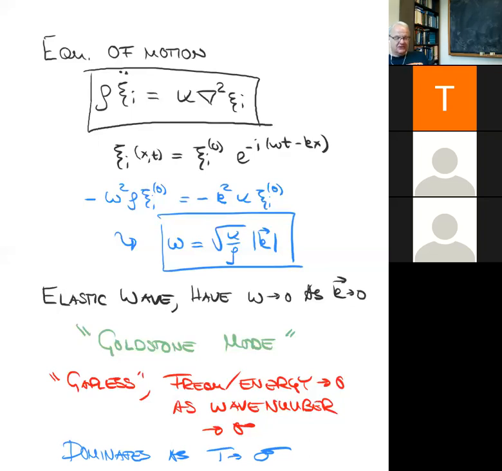There's a fancy name for these elastic waves. They're sometimes called phonons. So at sufficiently low temperature, the specific heat of any solid is just dominated by phonons.